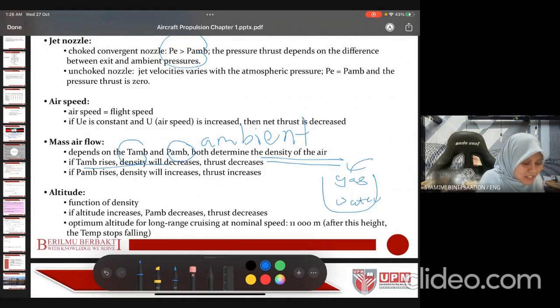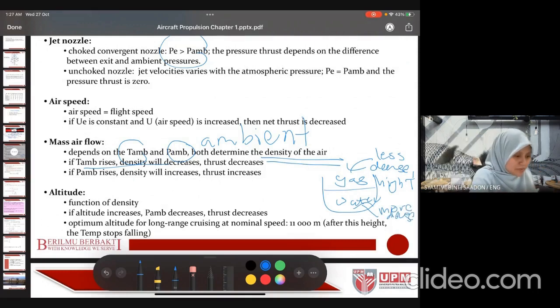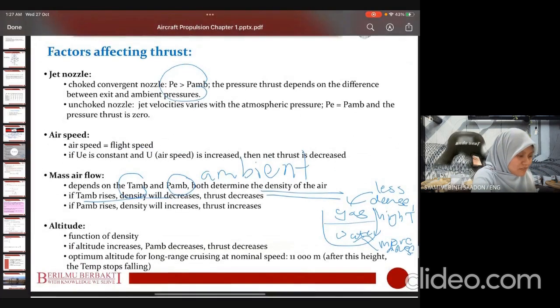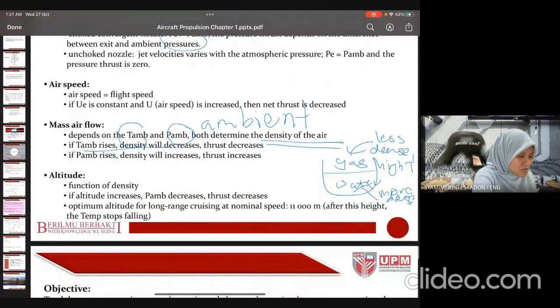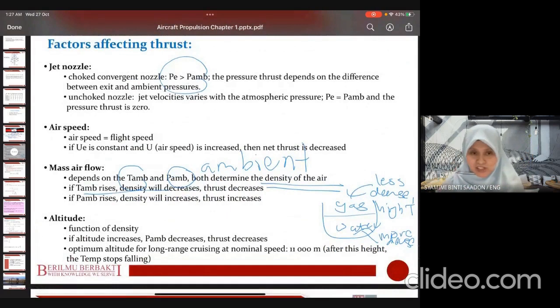Gas normally has less density, but it has a higher temperature than water normally. Water is more dense. Just imagine it like that. So you understand, these are the factors affecting thrust, which means that the thrust can change depending on these factors.